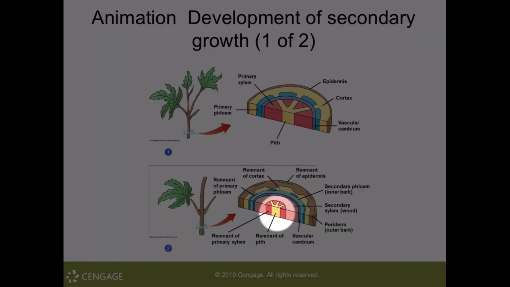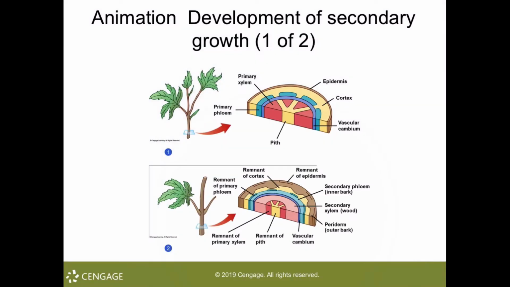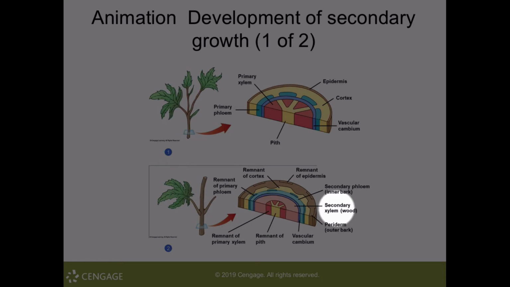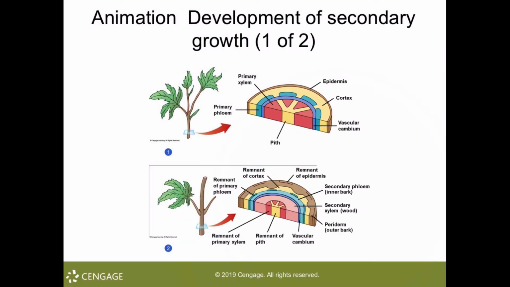And then you're seeing, in kind of a salmon color, the secondary xylem, and the secondary phloem in that lighter blue color. And then, of course, you're seeing it being replaced, not only in position, but also in function.